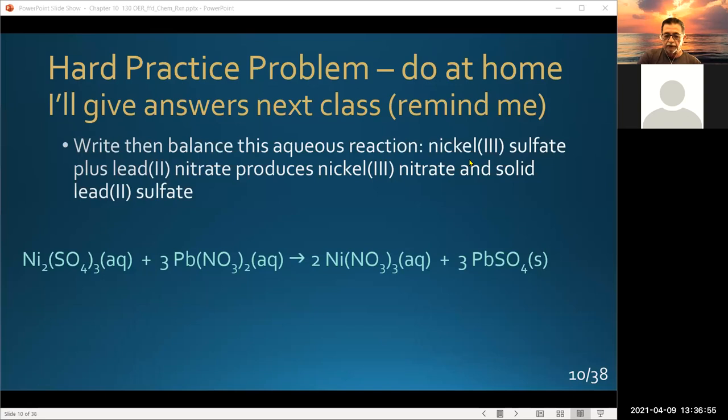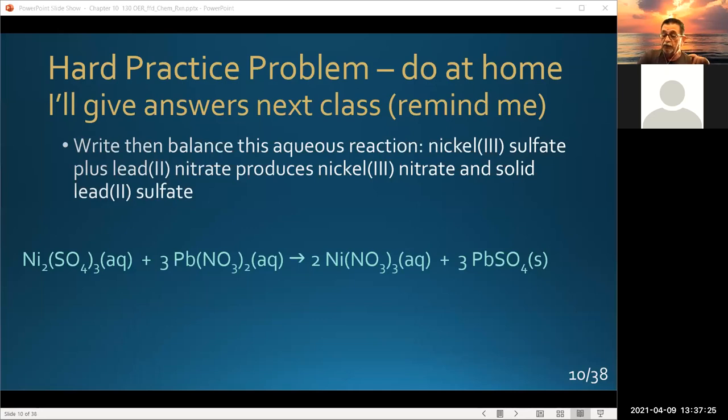Okay, so that's the reaction. This is an example of a double displacement reaction. Now, for your reference with double displacement reactions, if both products were soluble, based on the solubility rule, then we'll get no reaction.